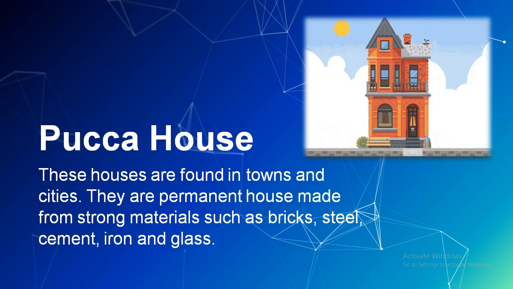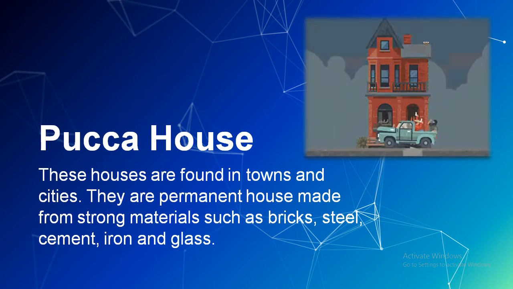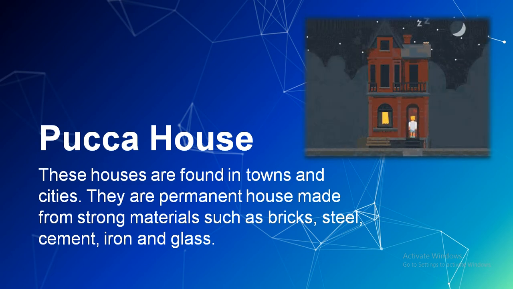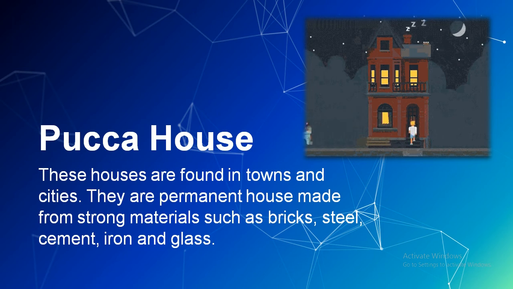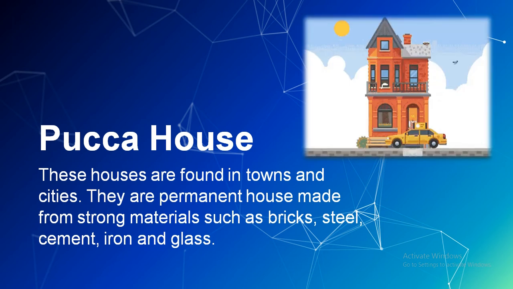Like in a township, all the buildings are pakka houses. Okay, so these types of materials are used to build this house. The pakka house is also called the permanent house. Why? Because of the lasting.